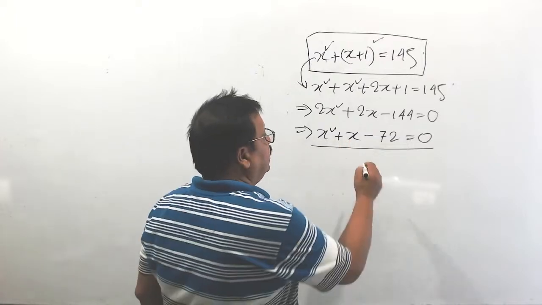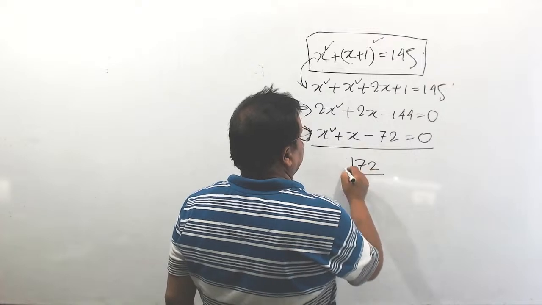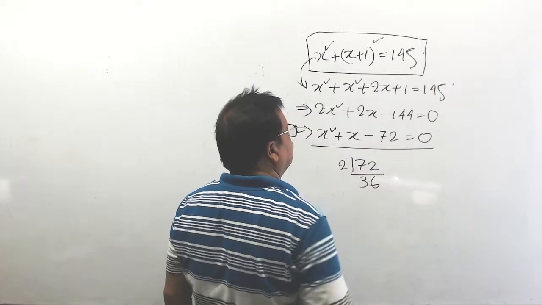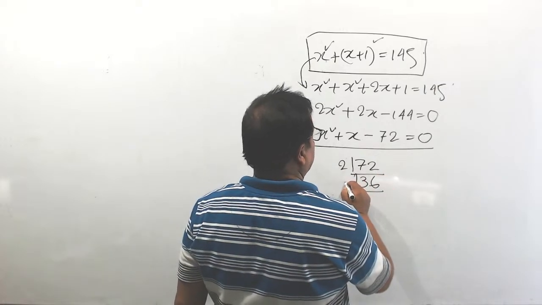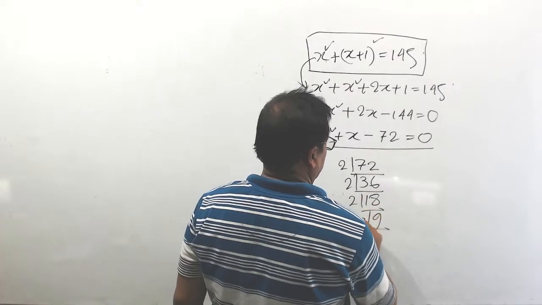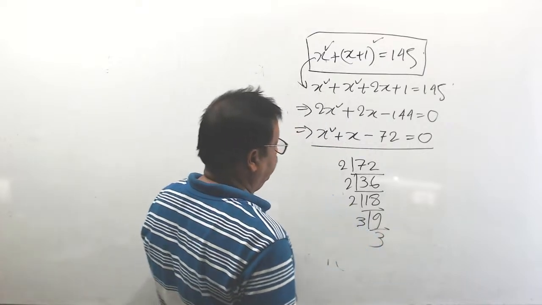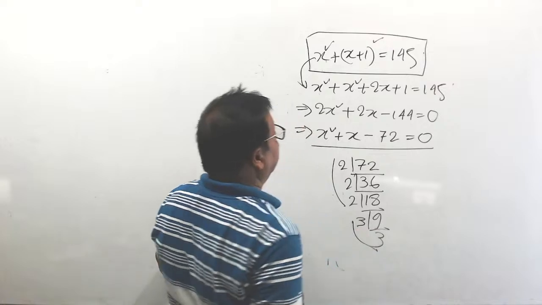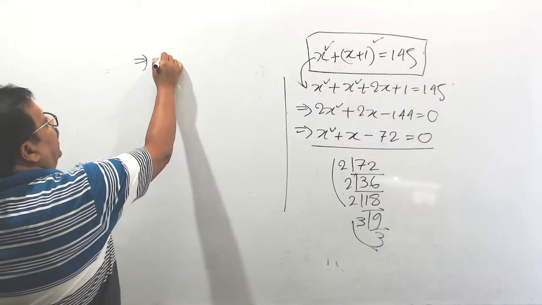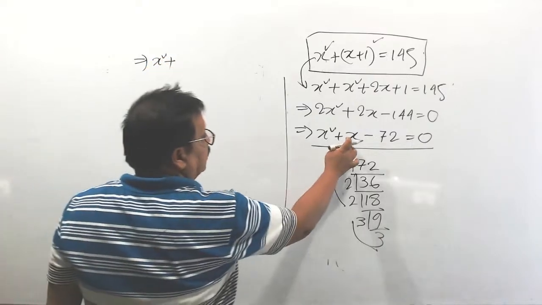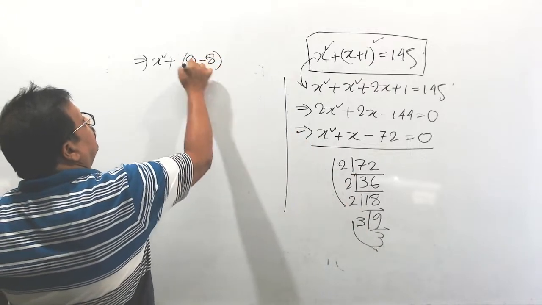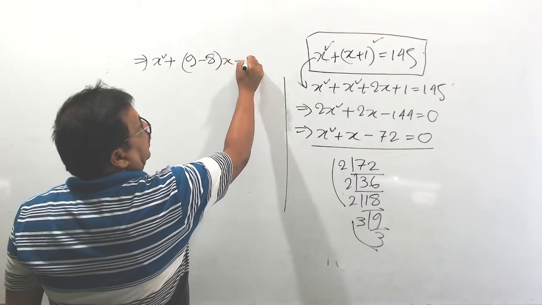Right? So factorize 72. 3 2s are 6, 6 2s are 12. Again factorize by 2, 18. Again by 2, 9, 3, 3. Now group 8 and 9. Okay. We're doing here. That means x square plus, you will write what? 9 minus 8. 9 minus 8 into x minus 72 equals 0.